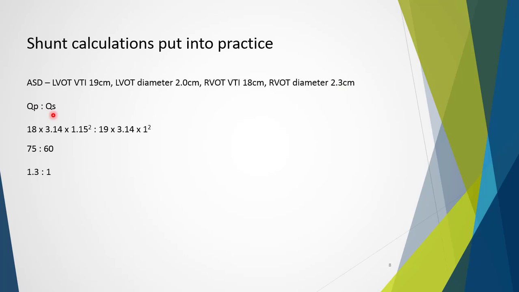So QP to QS ratio: 18 times 3.4 times 1.15 squared to the ratio of 19 times 3.4 times 1 squared. So 75 to 60, basically 75 divided by 60 equals 1.3, or 1.3 to 1.